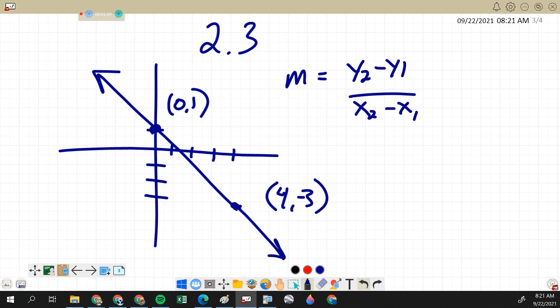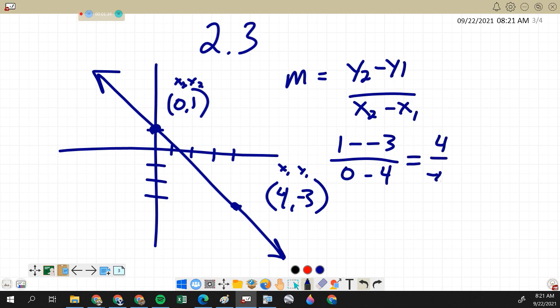As long as you, so let's say we call this one x1, y1 and x2, y2. You can switch those. You just can't say x1, y2 in the same point. Okay, so we would do y2, which is 1, minus y1, which is negative 3, over x2, which is 0, minus x1, which is 4, and I get 4 over negative 4, which is negative 1.